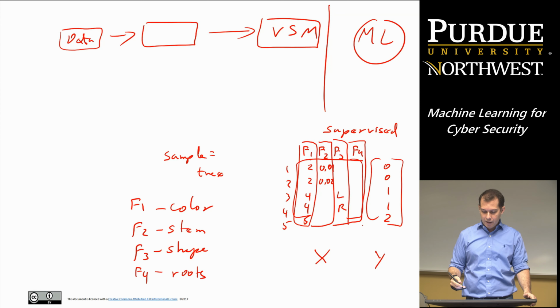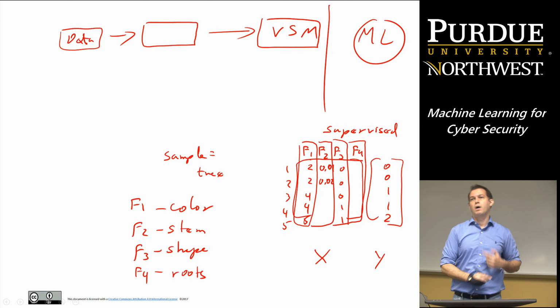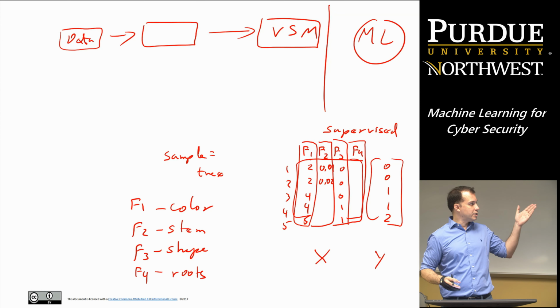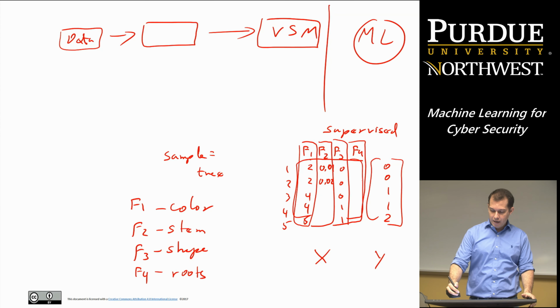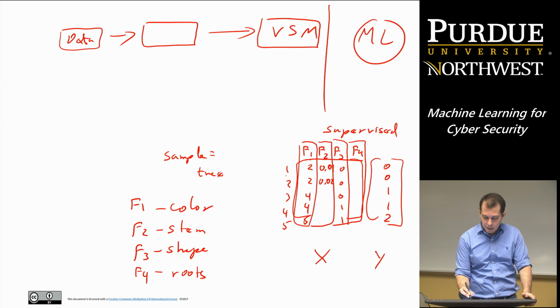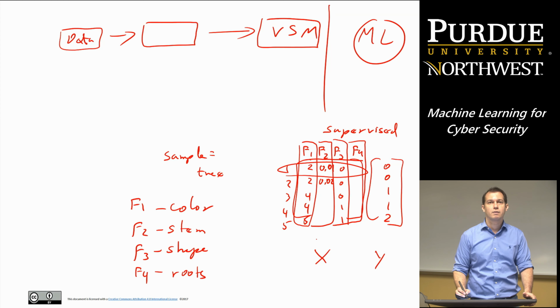So if you had a lot of L and R, just make it zeros and ones. Does that make sense? And that's it. So this is what you want. I started here because that's what you want to arrive at. Once you have this, you can feed it directly into a machine learning algorithm, and it's going to make sense because you have samples here, which are the rows. We've defined a sample to be a tree.